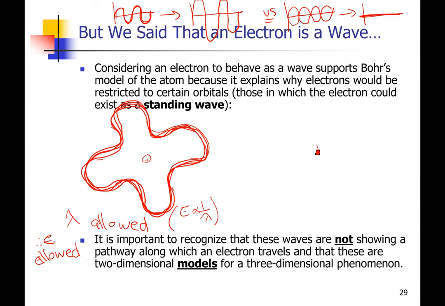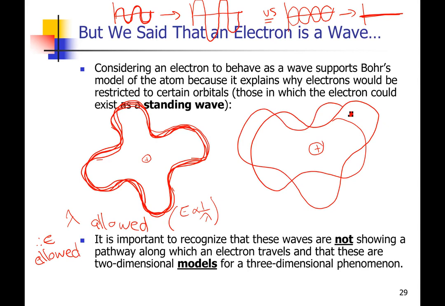If, on the other hand, I had a wave that was going around like this, having all sorts of cancellation happen, just pretend that's an even sine wave, this would correspond to a wavelength that is not allowed, because we do not get a standing wave.